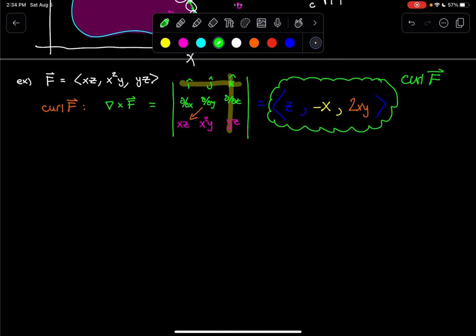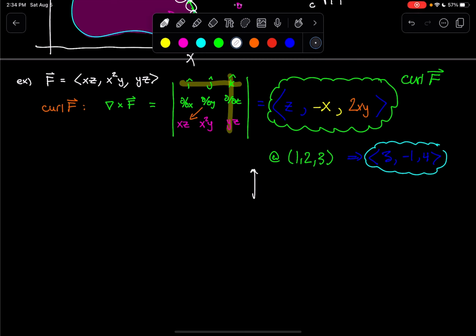At any particular point, okay? And so this means that if you were to say, at the point (1, 2, 3), what is the curl of F? We could calculate it. We're going to get some vector, and in this case, we're going to get the vector (3, -1, 4). And so this vector basically says that in 3D space, we're going to have the point (1, 2, 3).